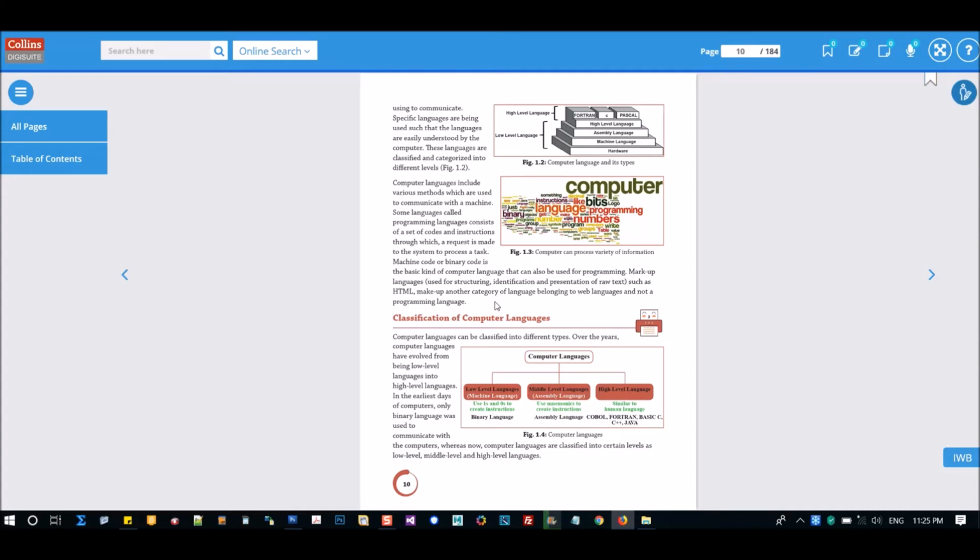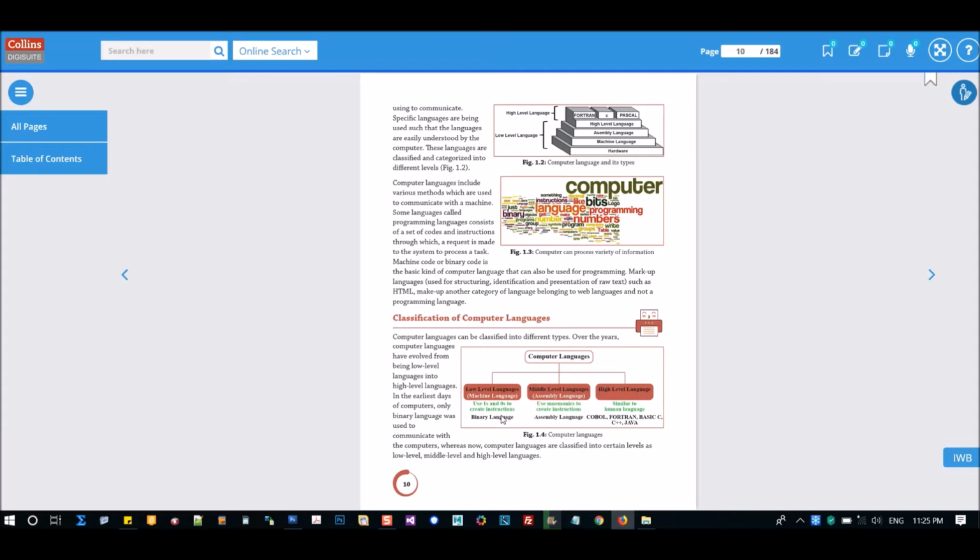And the computer languages that we will be learning are different kinds of languages, such as low level language and high level language. Okay, so let's see the classification of computer languages here. There are different types over the years. Here they have given low level language, middle level language, and high level language.